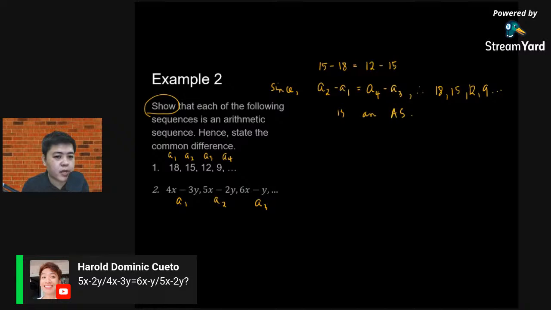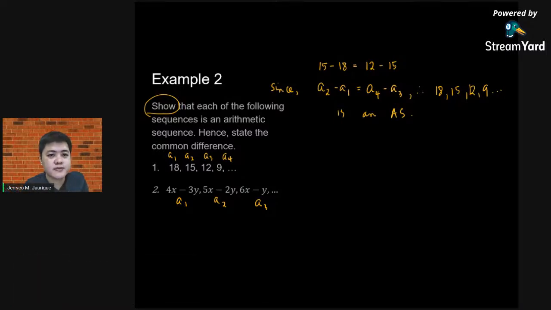Typo lang ba yung divide na yun? Kasi pag divide, this is for geometric, which we'll discuss next week. So you can change this into subtraction. Pero tama yung kay Harold, yun nga lang, hindi dapat siya over. Okay, very good.